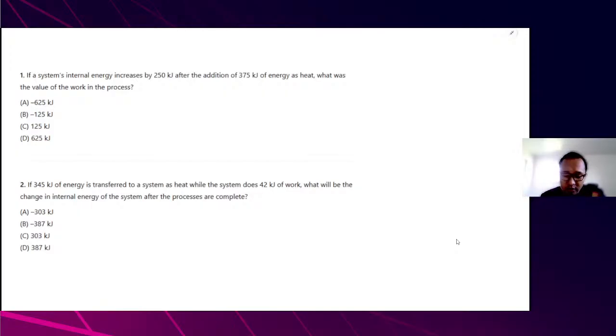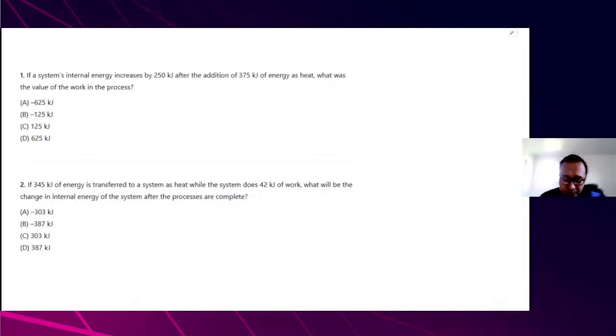This practice exam is prepared to get you used to answering questions, particularly about internal energy, heat, calorimeter, and others. Okay, let's get started to solve all of the problems.